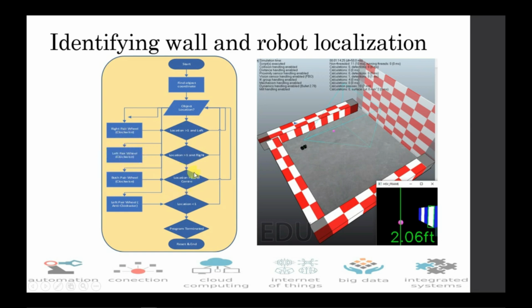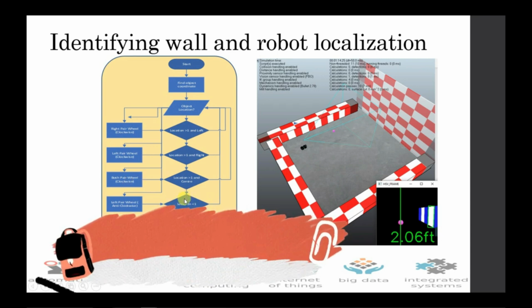Location greater than 1 and center, both pair wheels are clockwise. Location less than 1, left pair wheel is anti-clockwise. So this is a sharp turn from left and right. Then at the end of the code, the program terminated, and reset and end happen. So those are the algorithms.